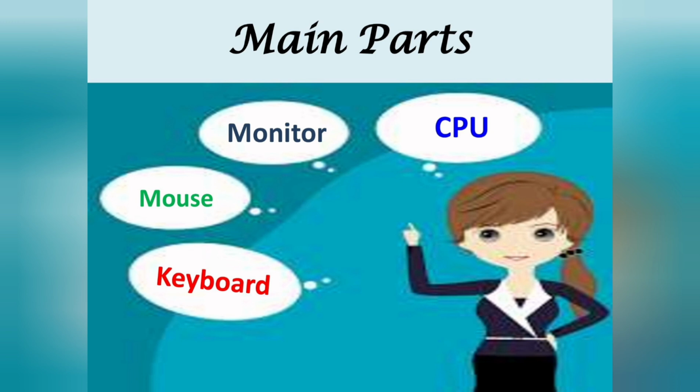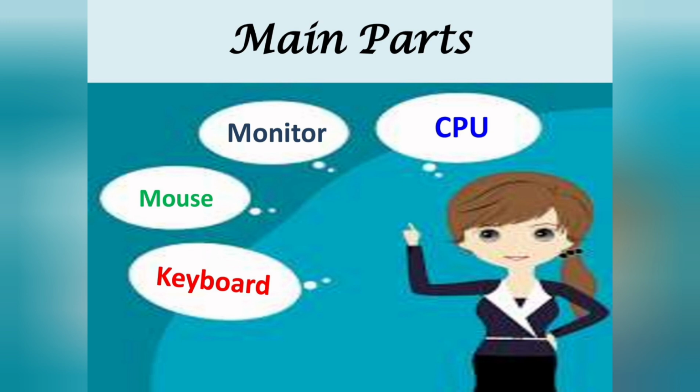Okay, what is the use of mouse? Mouse is the pointing device, which is used to select an icon from the screen by clicking the mouse button.